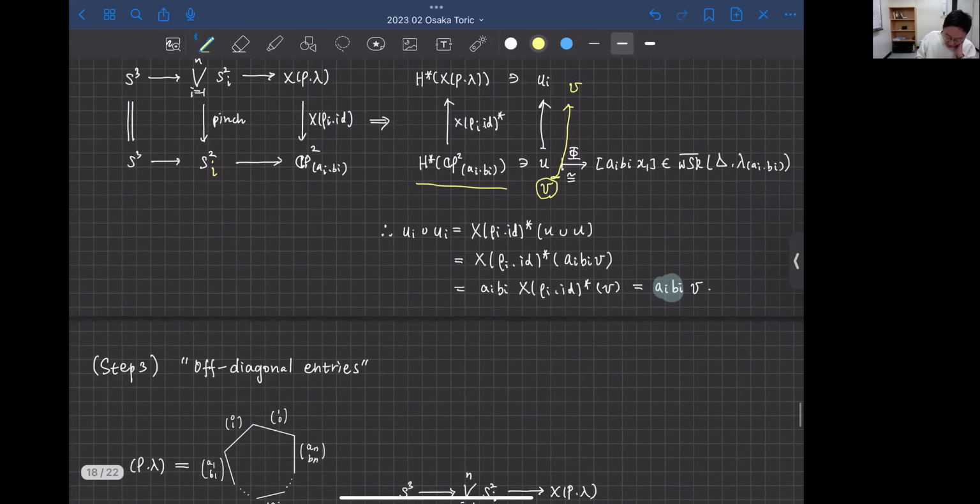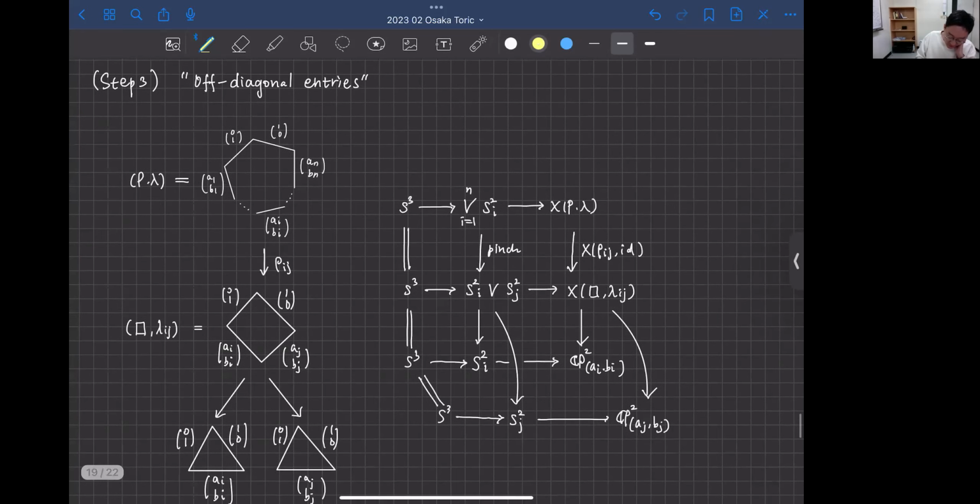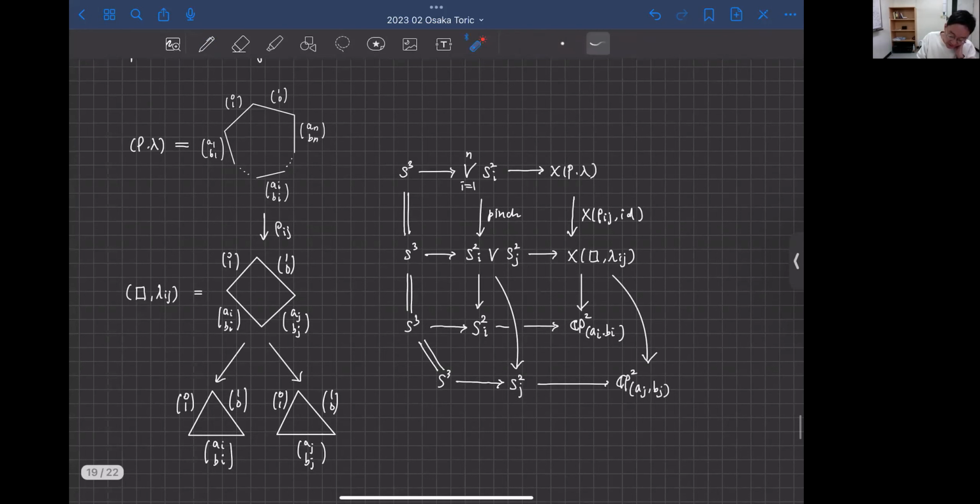For the computation of off-diagonal entries, we use this diagram, right? So first we think of an arbitrary toric characteristic pair of dimension 2, and then the off-diagonal entry is just a multiplication of U_i and U_j. In order to make the computation simple, we only look at this i-th edge and j-th edge, and then we collapse all the other edges to a vertex.